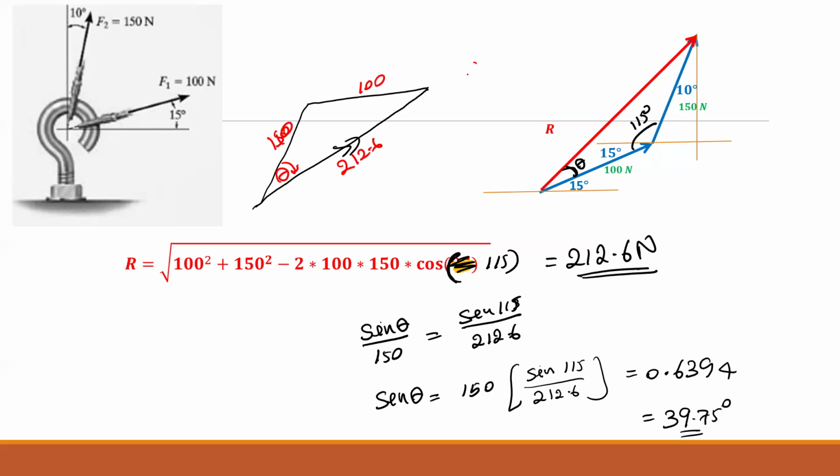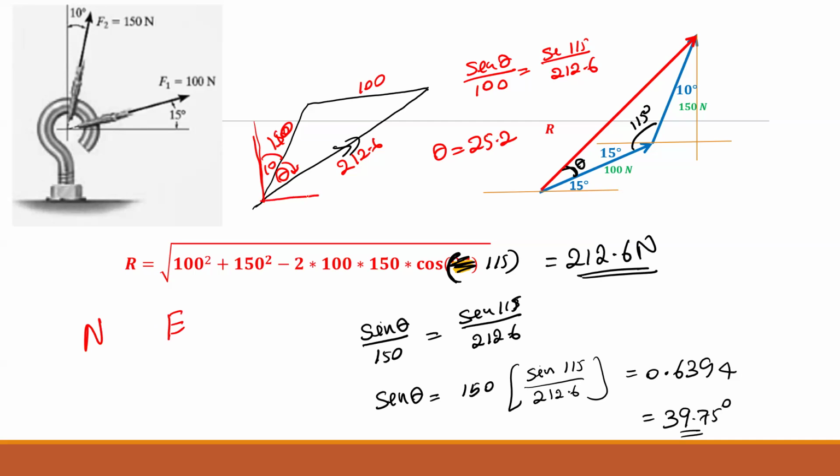So you wrote sine theta over 100 is equal to sine 115 over 212.6. Yep. So your theta was what? 25.2. So that is this one. So you need to add another 10 to make it from north to east. Did you do that? I went the other way. I went from east to north.